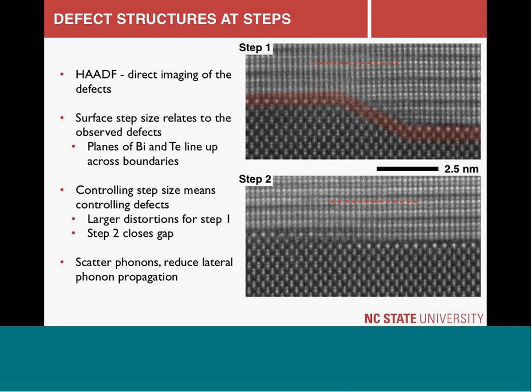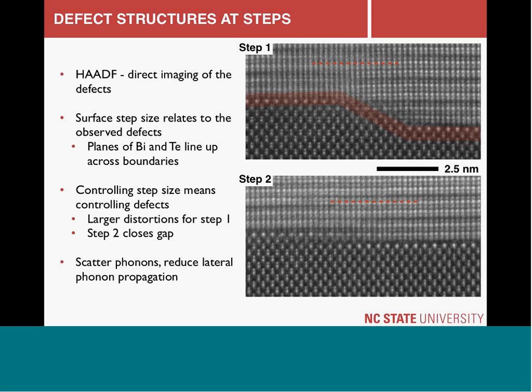Going from left to right, you actually see that bright row become darker. So across that interface, a tellurium layer becomes a bismuth layer as they meet up.